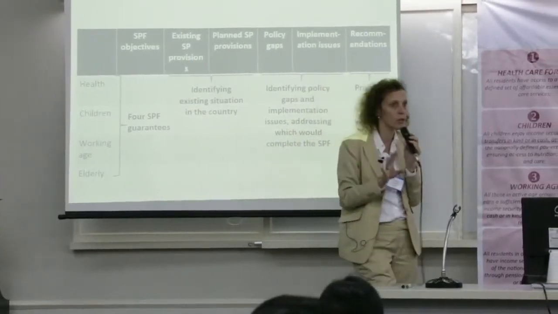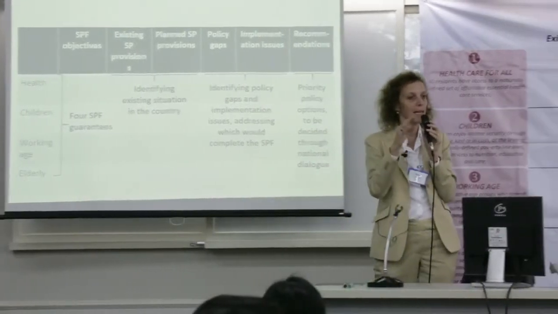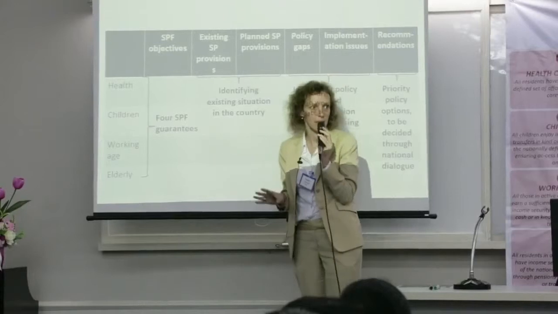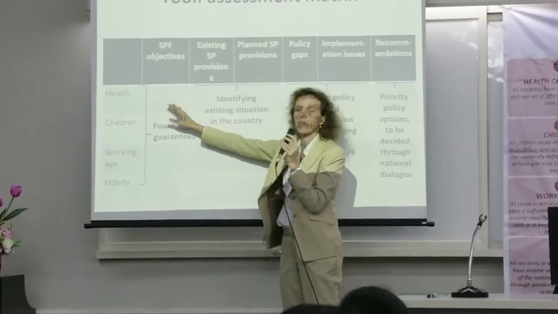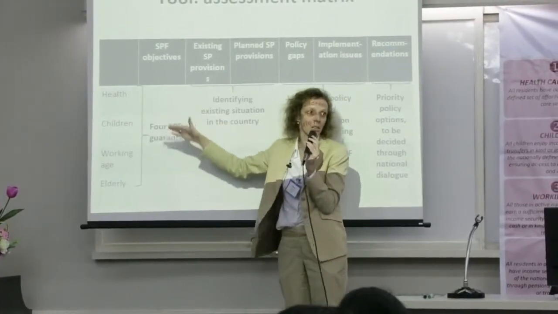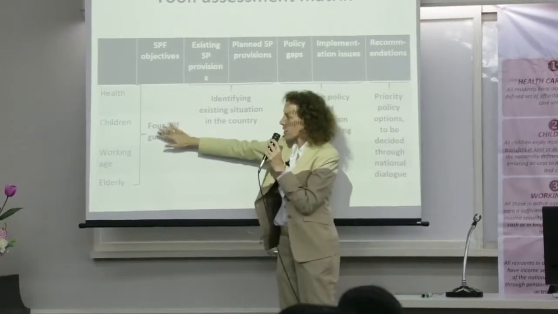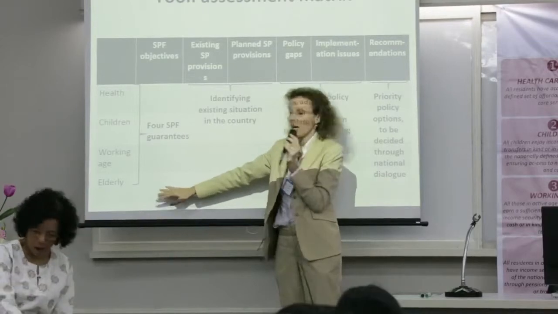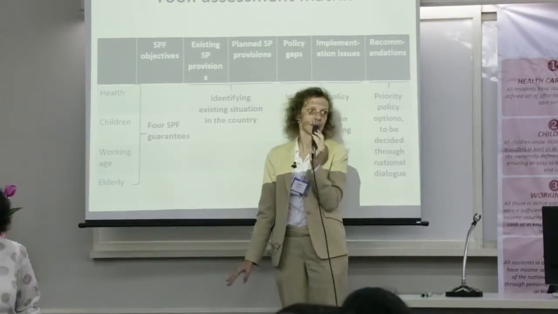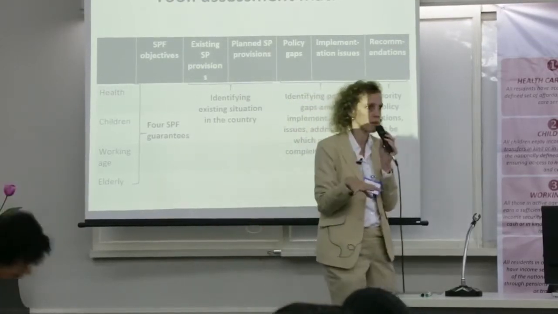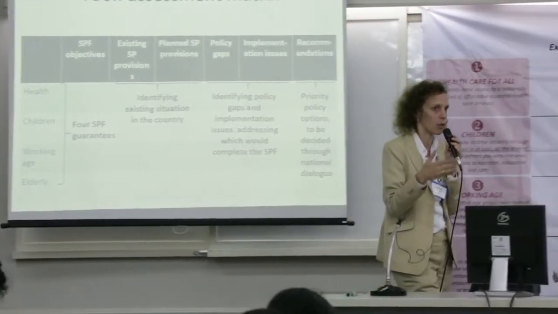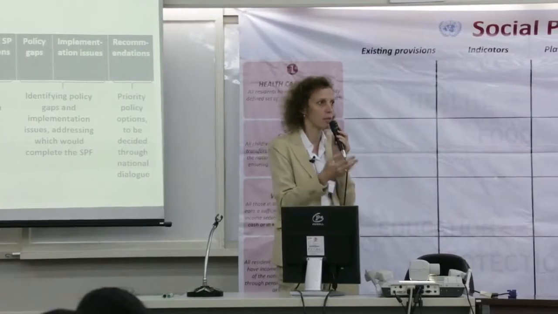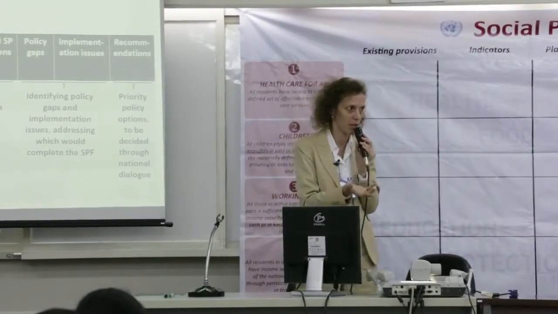Since we have a very big group today, we split in 6 groups. Instead of having only 4 groups, we split in 6 groups. So we have health, we have HIV, which is usually inside health. We have children, we have working age, we have maternity, and we have the elderly, okay? So each of our groups, during today and tomorrow, for example the people from the group on maternity, will work more specifically on maternity, yeah?